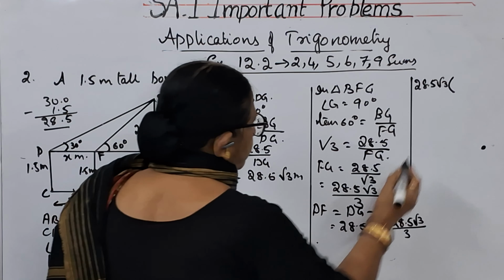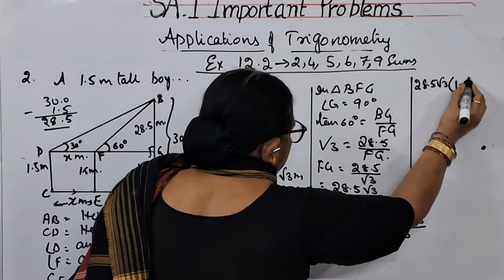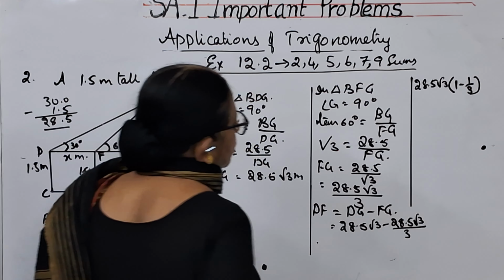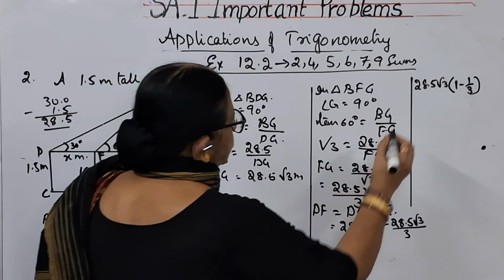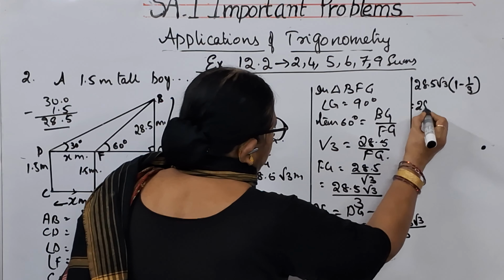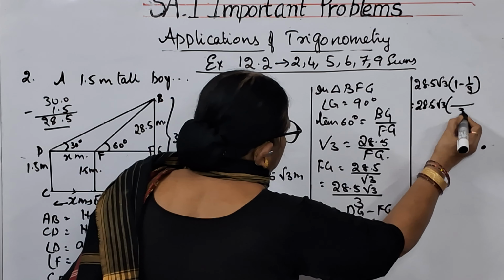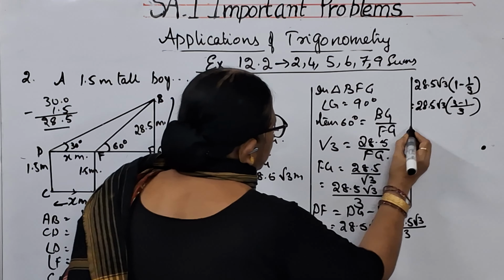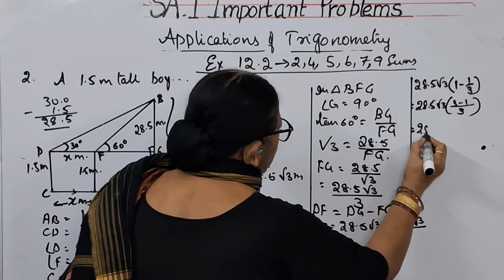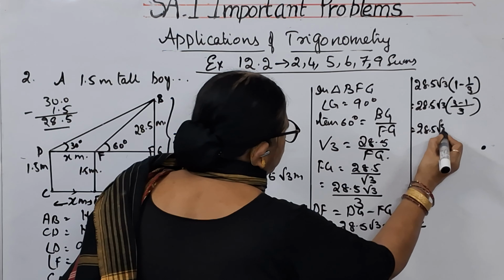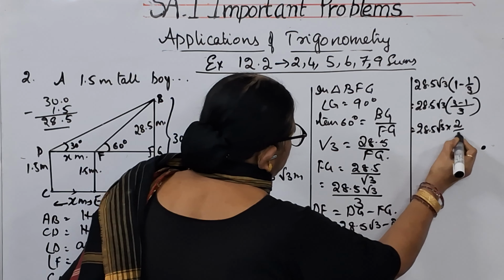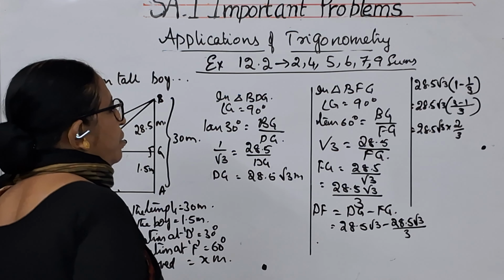So instead of this whole thing, 1 minus 1 by 3. That means 28.5 root 3 into LCM 3, 3 minus 1, which is 28.5 root 3 into 2 by 3.